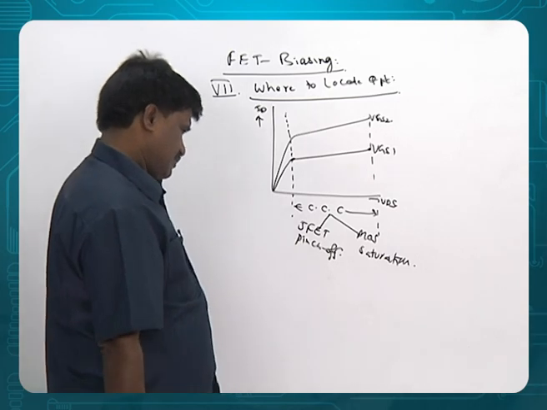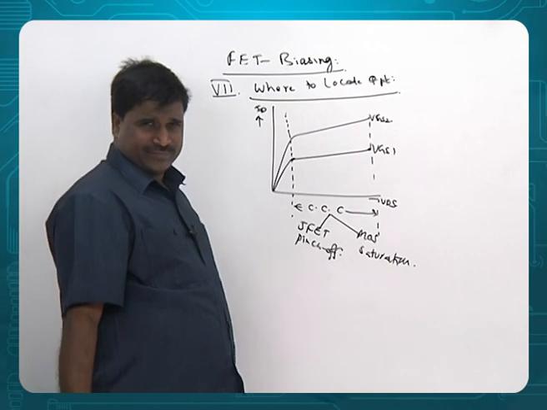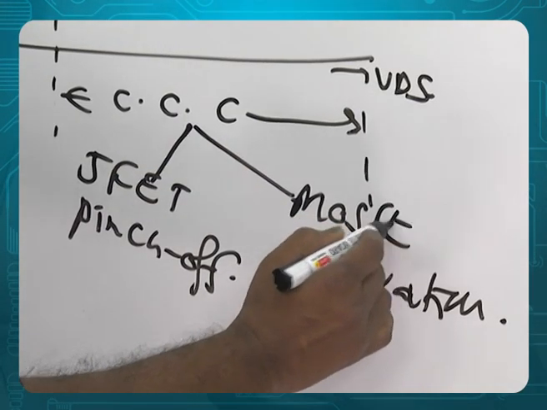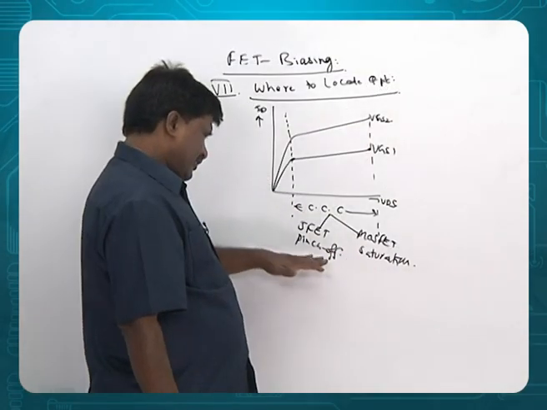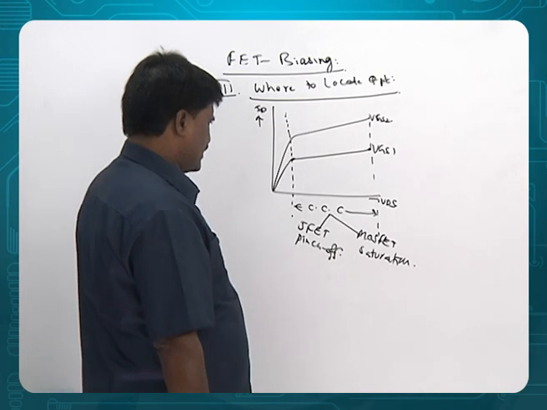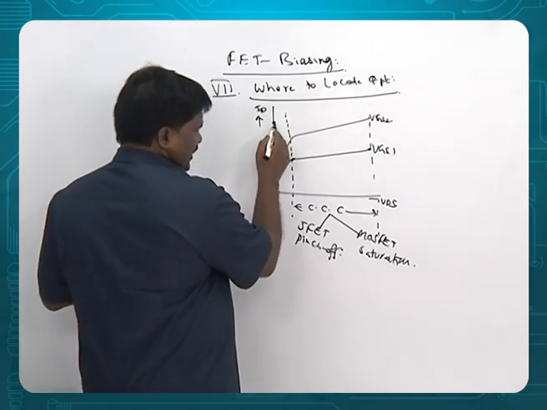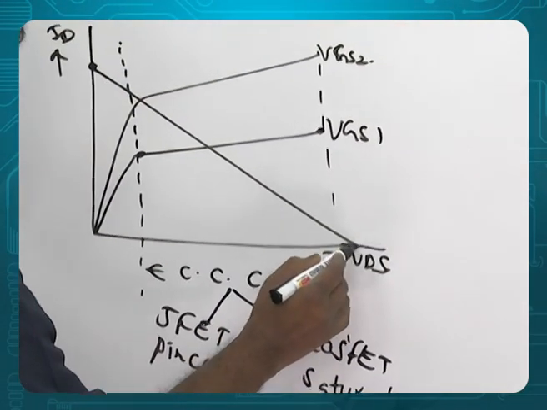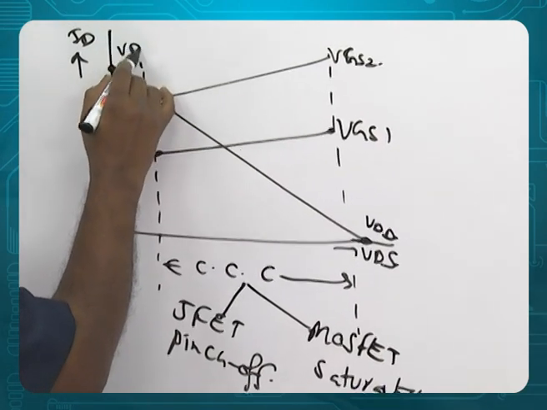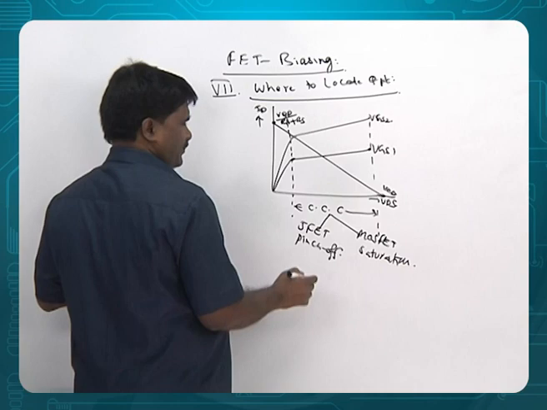So whether it is pinch off or saturation, we will follow constant current characteristics. And as I've been telling, if you take DC load line, there is a VDD here, and this is VDD by RD plus RS.